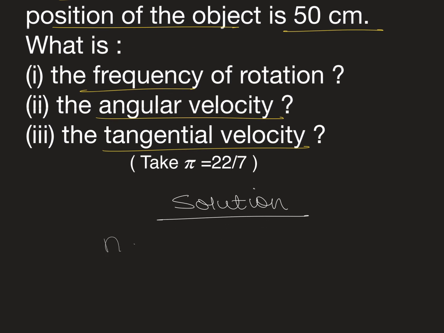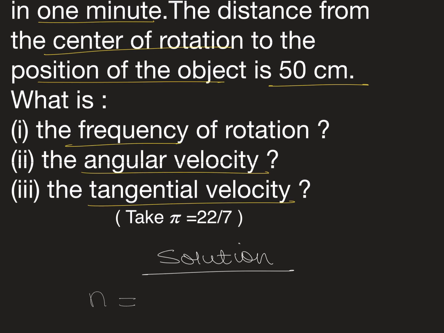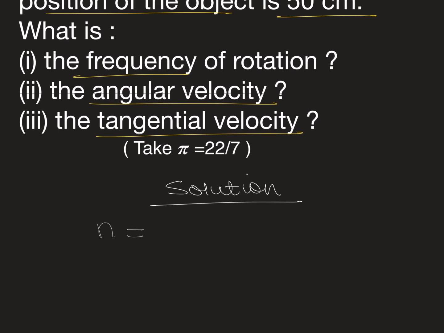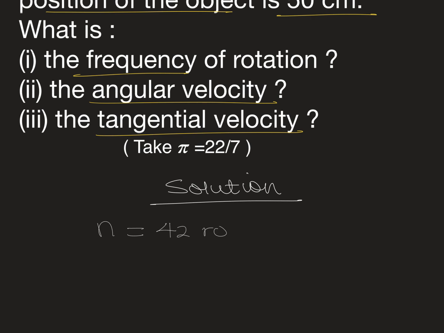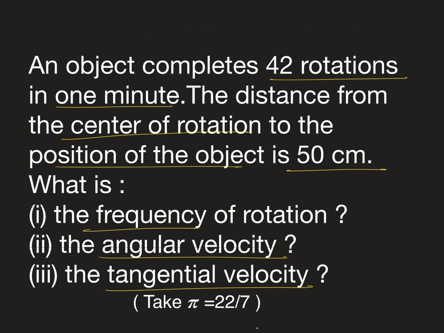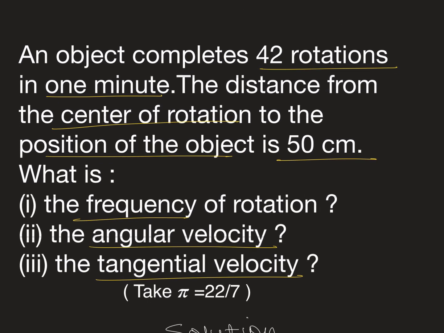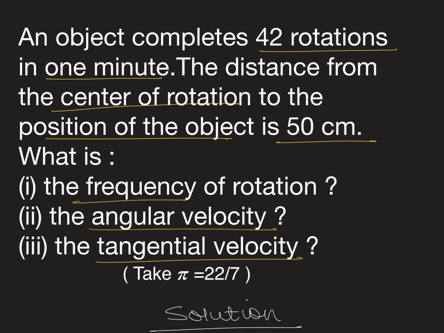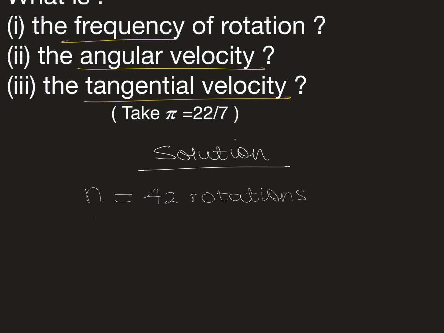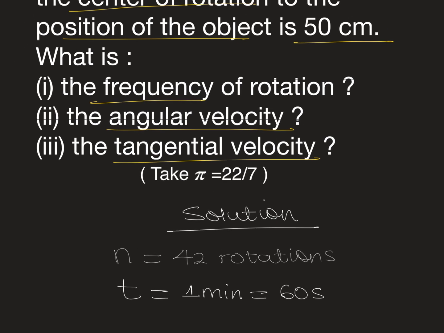The number of rotations is 42. So 42 rotations have been performed in 1 minute. Okay, so the total time is 1 minute, which is the same as 60 seconds.